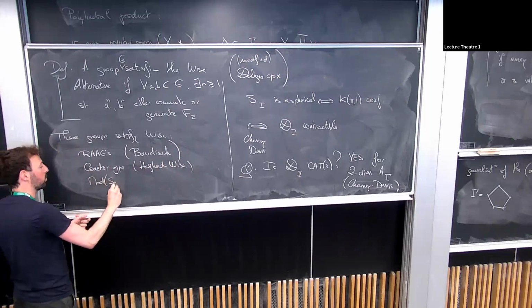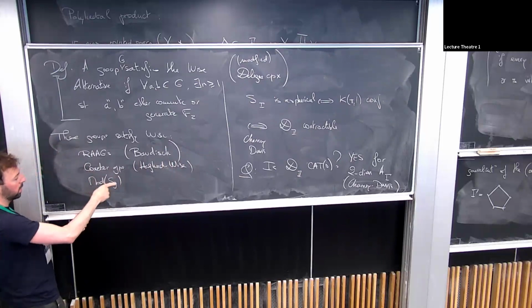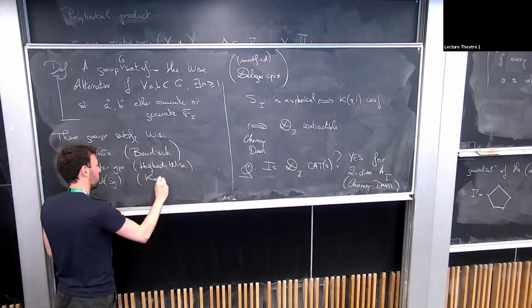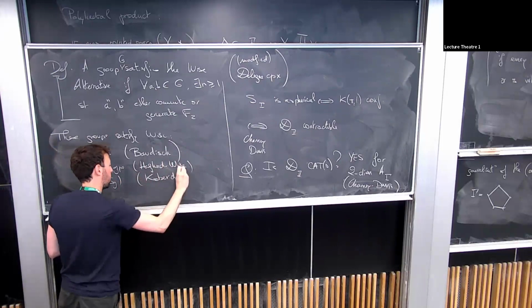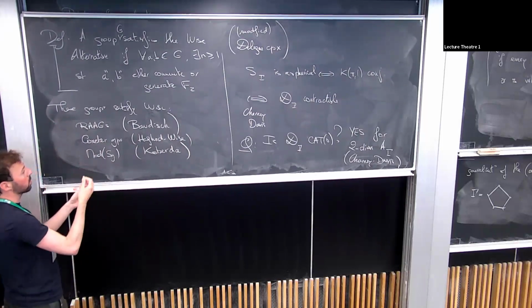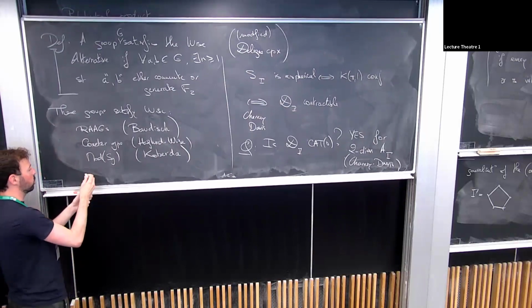This is because of a result of Koberda that kind of relates the geometry of subgroups with the geometry of RAAGs. And so some Artin groups do.